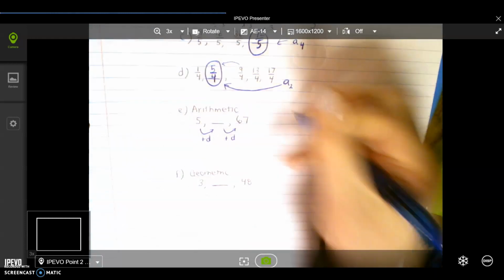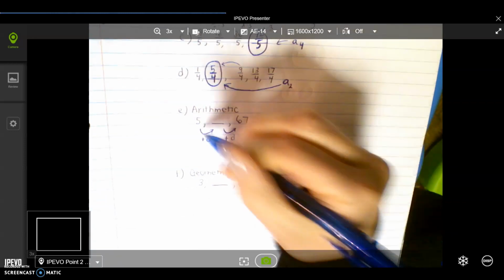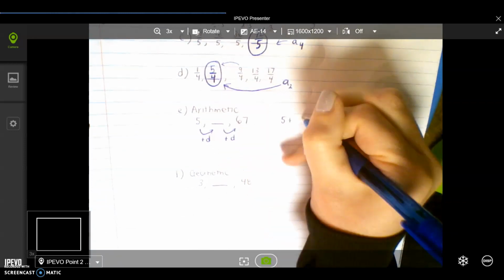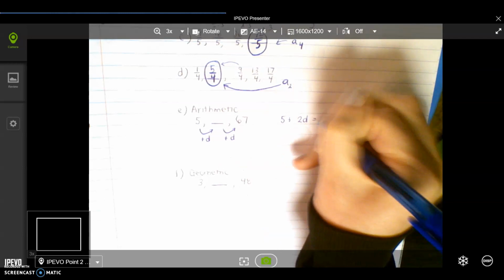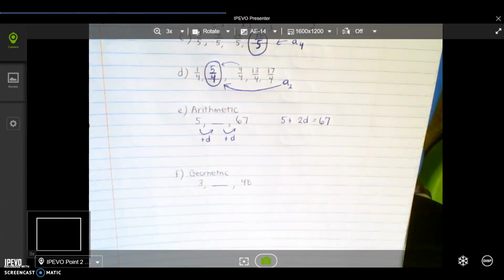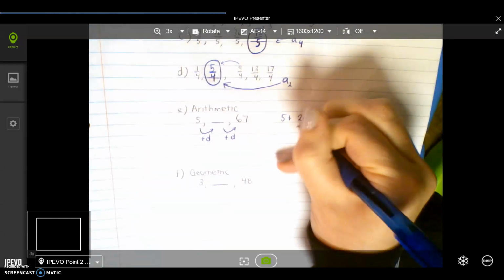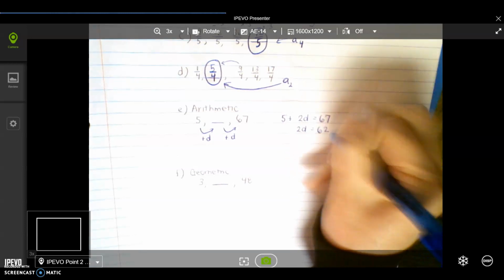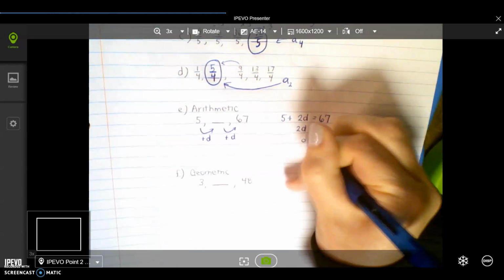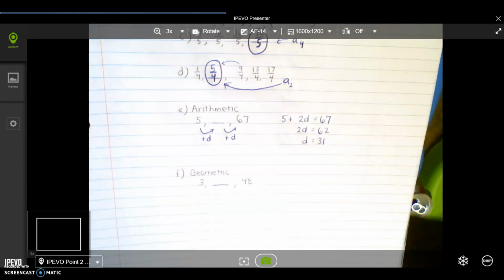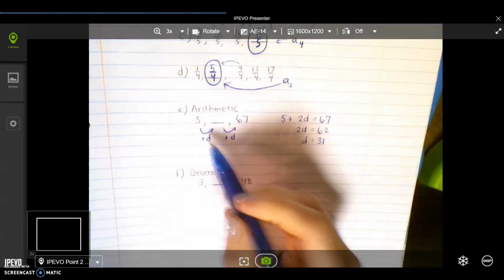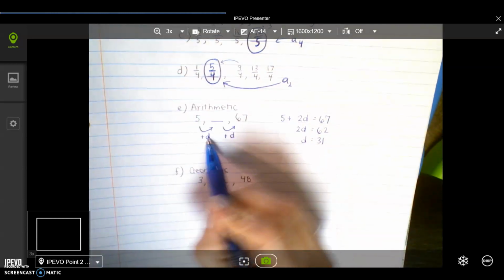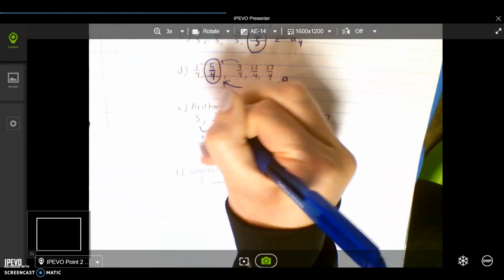So I'm going to set up an equation. 5 plus d plus another d equals 67. And then solve. Subtract 5 on both sides. Divide by 2 on both sides. I know my common difference is 31. So 5 plus that common difference of 31, 36 is my missing term.